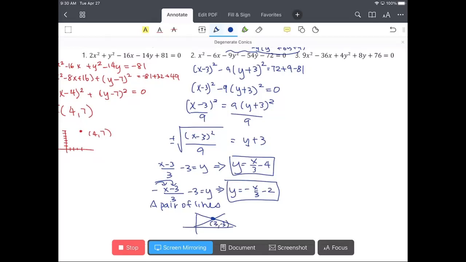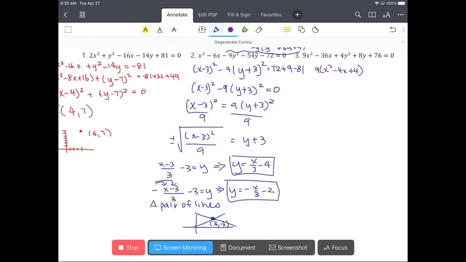Now for the last one, we can factor 9 out from the x's. So it'll be 9 times (x squared minus 4x), but then half of -4 squared, -2 squared, will be plus 4, right? We can factor 4 out from here.